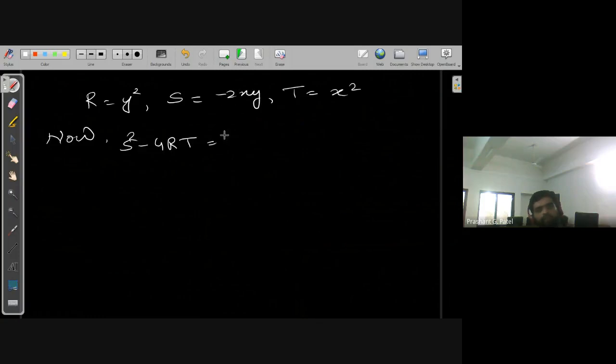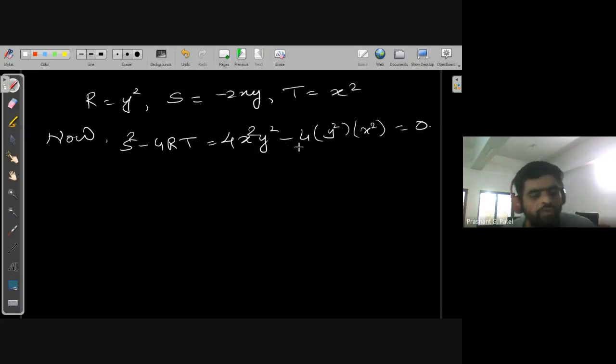S square is the square of this, that is 4x square y square minus 4 times, sorry, the value of r is y square, times x square. So this gives me 0. So I can say that the given equation is of parabolic type. Therefore, equation 1 is of parabolic type.